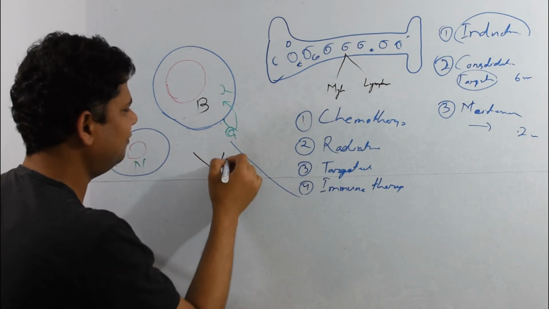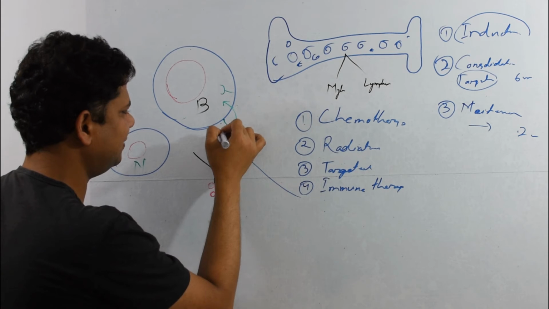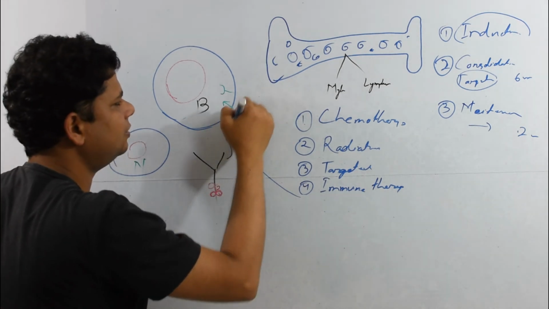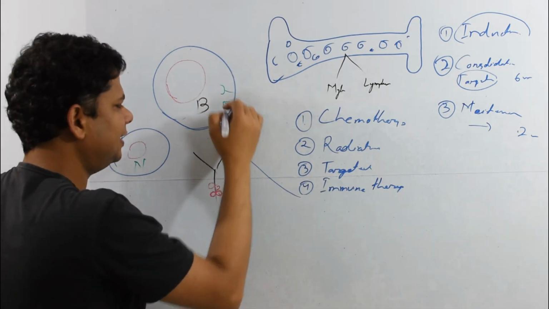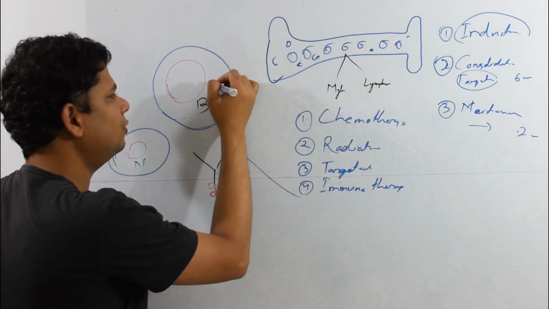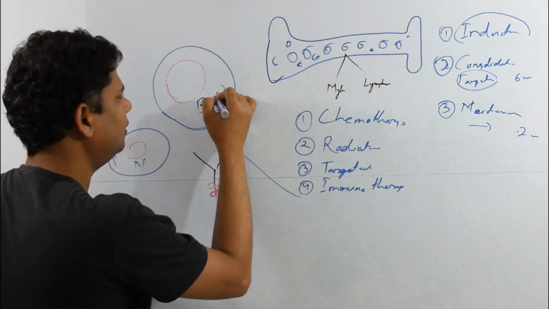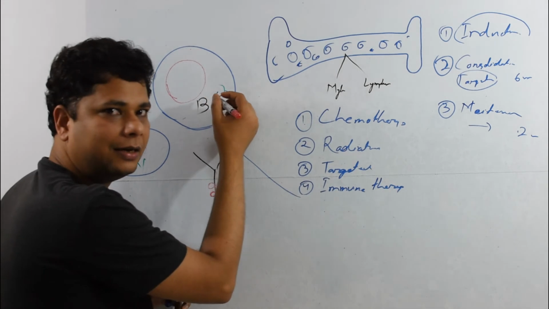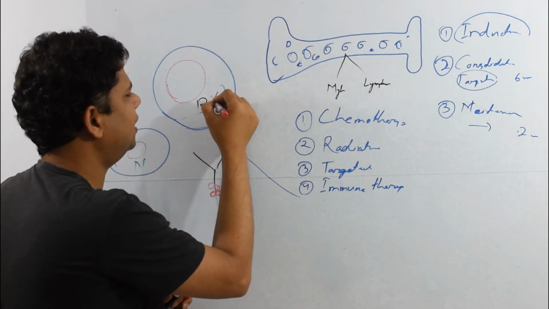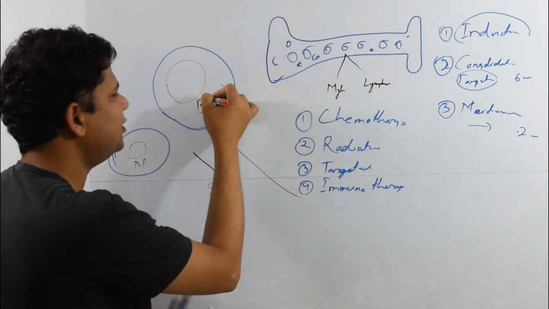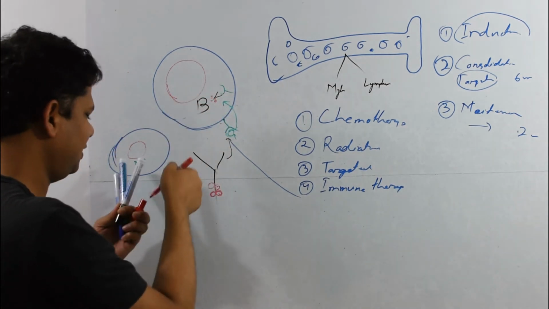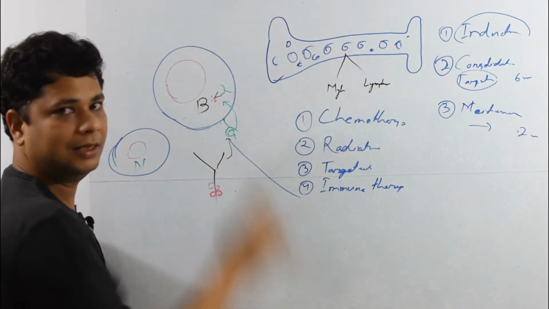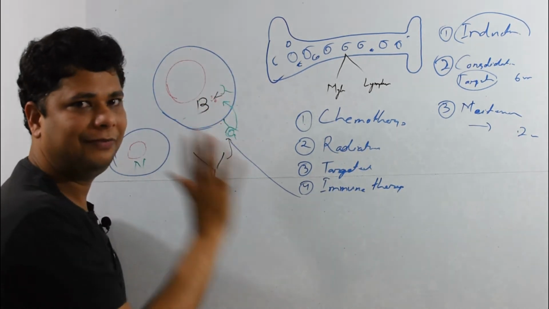This antibody will go and bind to these receptors. And as I said, after getting the ligand, these receptors internalize, and after internalization, along with the antibody, it will go inside. So here the antibody is present, and these antibodies are conjugated with these drugs. After getting inside, the drug will be released inside the cell, and it will inhibit the growth of these cells. So this is very effective.